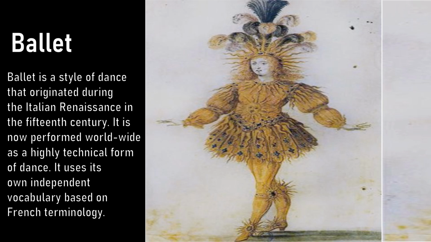Ballet dancers have to learn from a very young age, so it really is highly technical and takes a lot of work. It uses its own independent vocabulary based on French terminology. As we go through, you'll see a few words that you might not recognise, or you might recognise them from your French lessons. Ballet uses French terminology to describe the movements that are used.